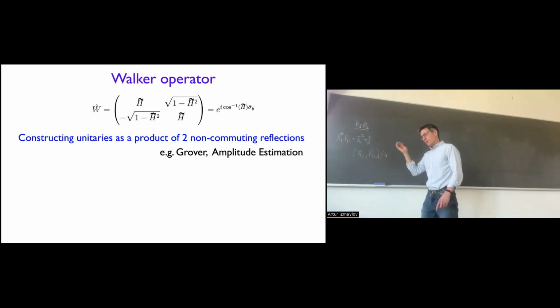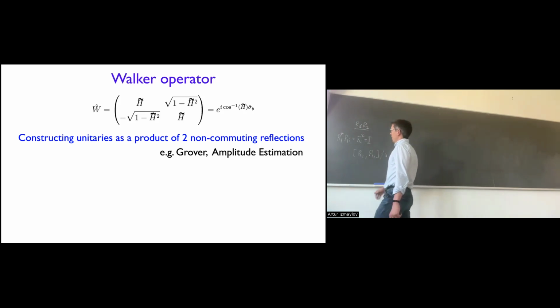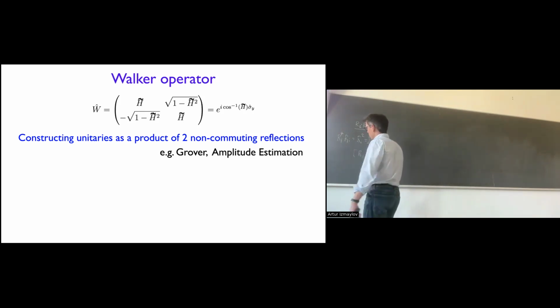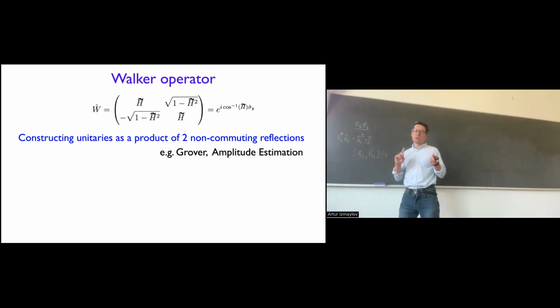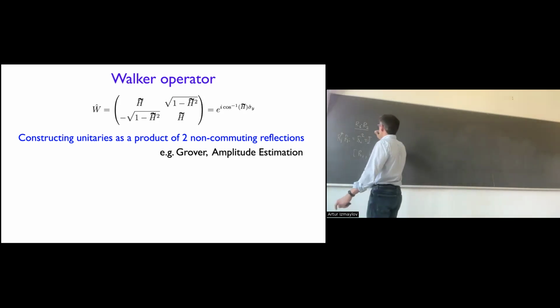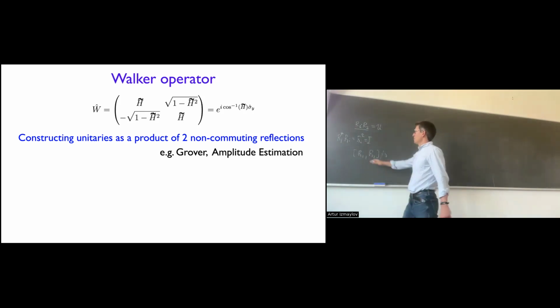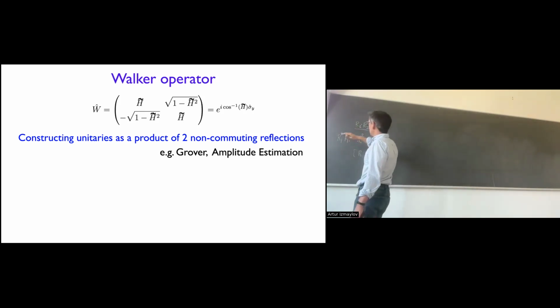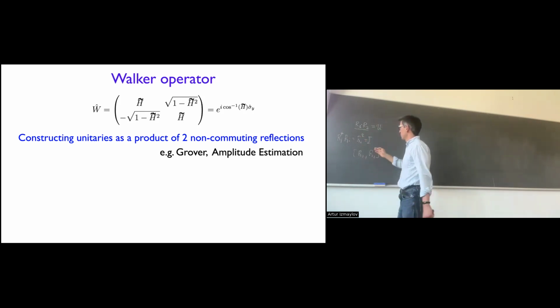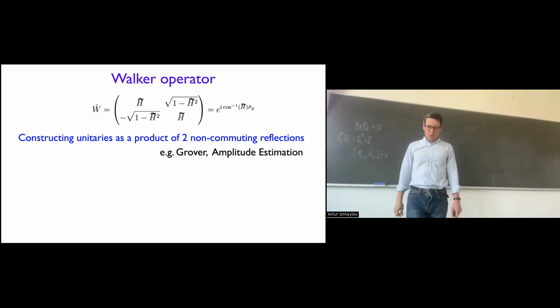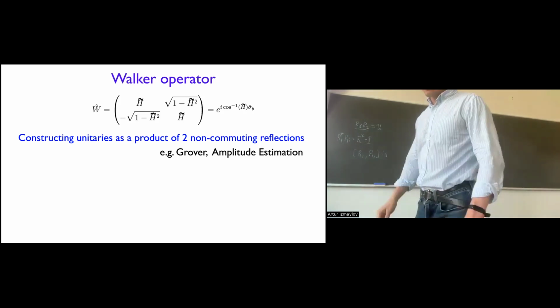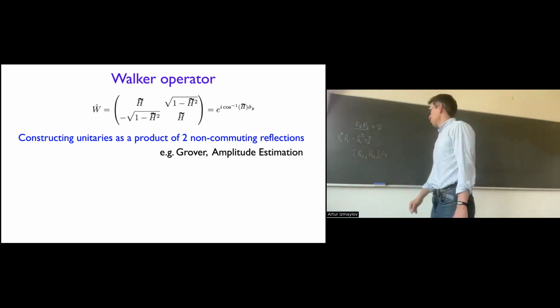If they do commute, then the product of reflections is a reflection. If you remember from linear algebra, the product of two Hermitian operators is only Hermitian if they commute, right? If they don't commute, then it's not necessarily Hermitian. But here, if they don't commute, then you get a unitary operator. This could be very simple spectrum-wise, but the unitary could be more complicated and have a richer spectrum.